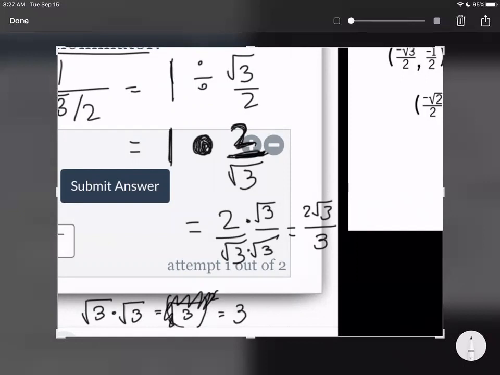Okay? And you can test it on the calculator too. Root 3 times root 3 will just give you 3. So finally, we got rid of the radical on the denominator. We are all good to go. This can be our answer. So now that we finished the problem, do you guys have any questions?